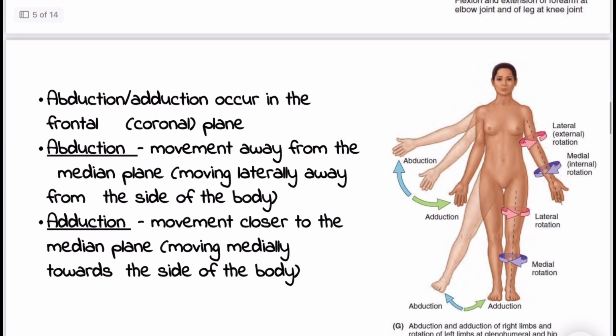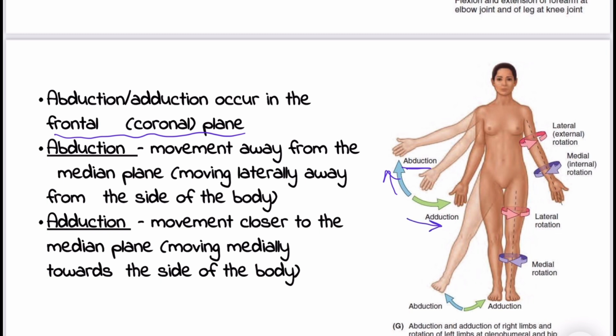Now, abduction and adduction occur in the frontal or coronal plane, and abduction is movement away from the median plane, moving laterally away from the side of the body, and you can see abduction of the arm as shown here. And then adduction is movement closer to the median plane, moving medially towards the side of the body, and you can see adduction of the arm in this direction here.